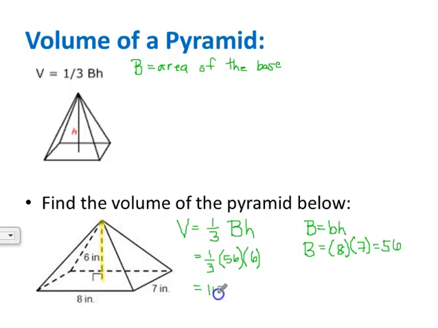But I want you to try it in your calculator to make sure you know how to do the multiplication correctly. You should get 112 inches cubed because we're dealing with volume. Make sure you know how to correctly put that in your calculator and get the same answer that I got, so that when you go to do the assignments, you're good to go.